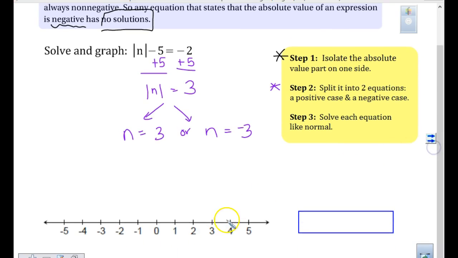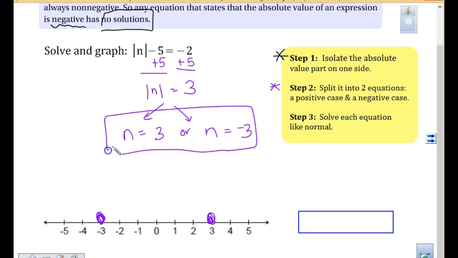So if you see your graph down below, that means we would put a solution at 3 and negative 3. And again, I don't care if you write it out like this for your solution, or if you prefer n equals plus or minus 3, right? Same answer. That makes sense to everyone? Okay. It's just written differently, but same answer.